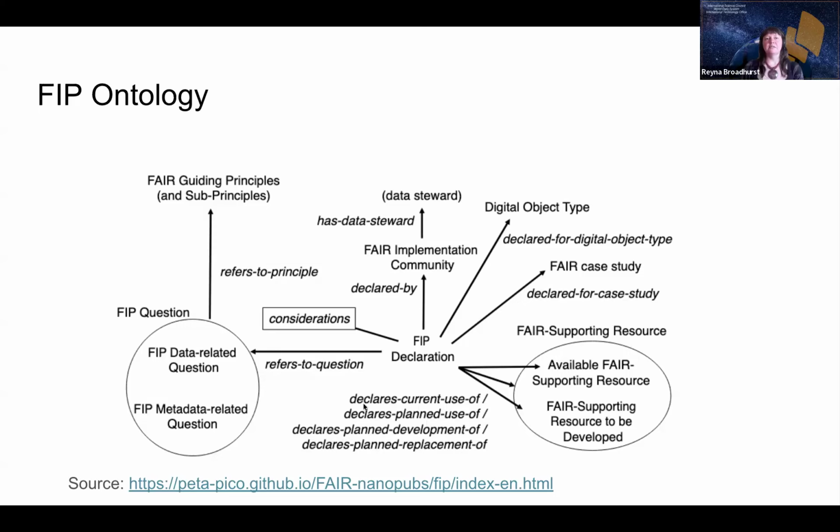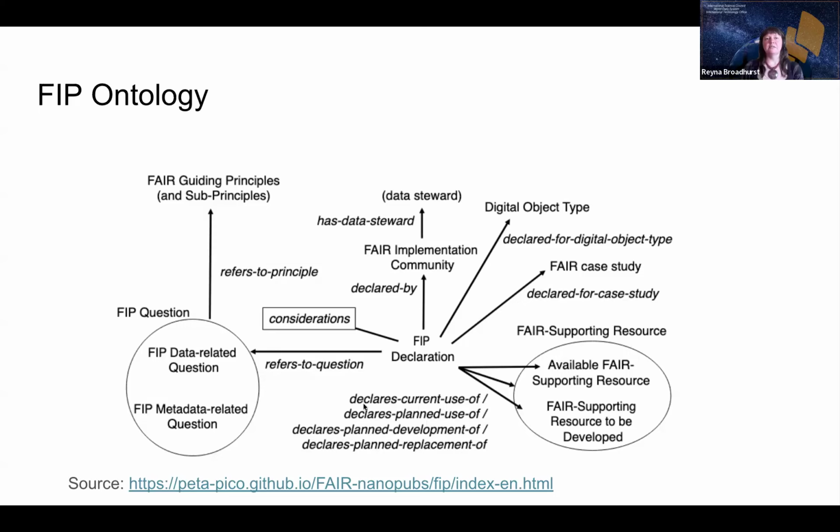There's something called the wizard, which I'll show a few screenshots about, but that's where you actually fill in the information about the FIPs and the FAIR supporting resources. So that's basically where you curate and submit the content. That gets published to this nanopublications server, and we'll also see some screenshots from that.